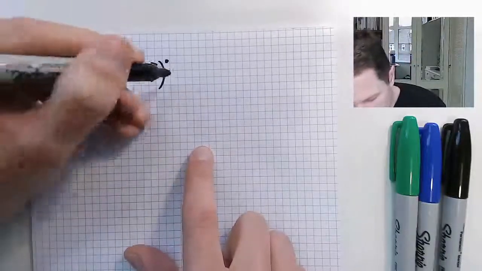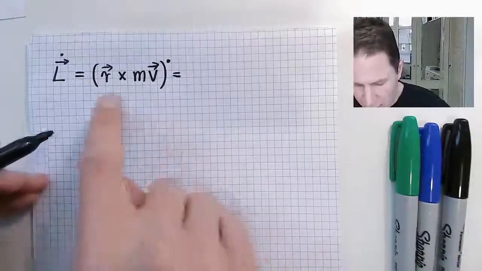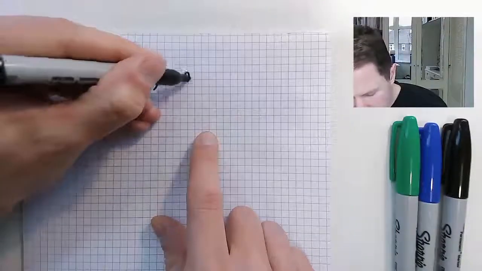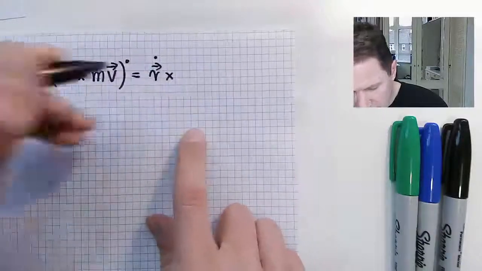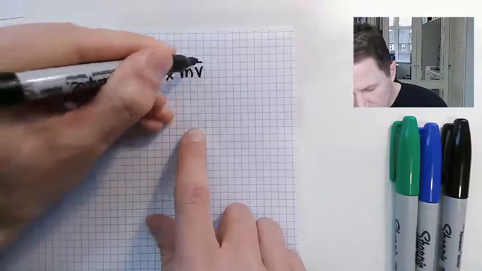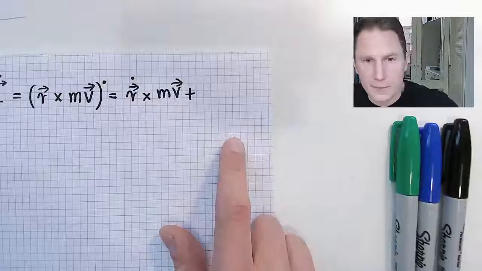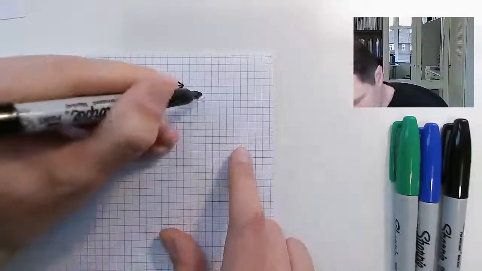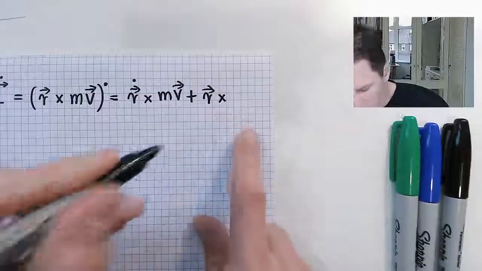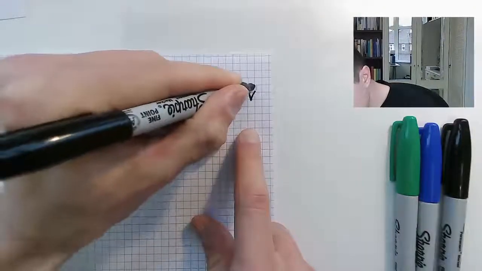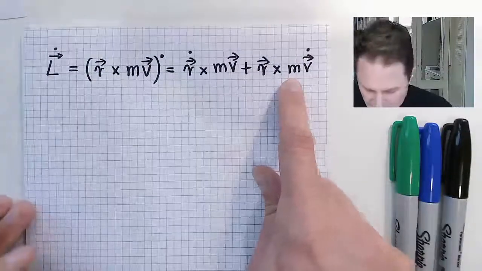And remember, we have this Leibniz rule telling us how to do this. Well, we have to do it one by one. First, calculating the rate of change of the first factor, then leaving the second factor untouched, and then adding to that the position vector crossed with the rate of change of m times v. Well, m is just a constant mass, it doesn't change.